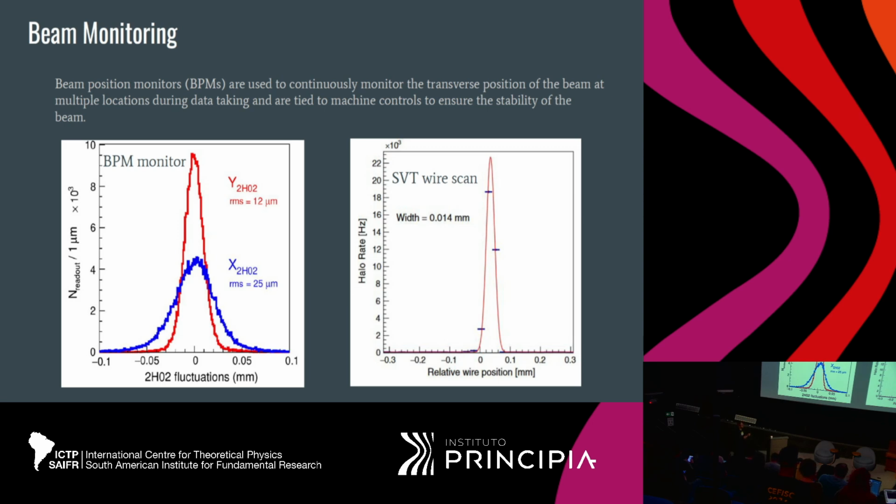So it's like a small wire that you pass through the beam, and depending on the number of particles that hit this wire, you see a signal which is larger or lower. So you make some points, and you have a profile, and you can define if the width of the beam at the position of the SVT layer is good or not for your operation.